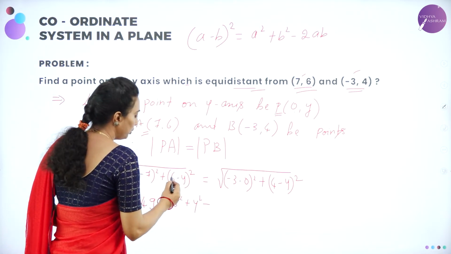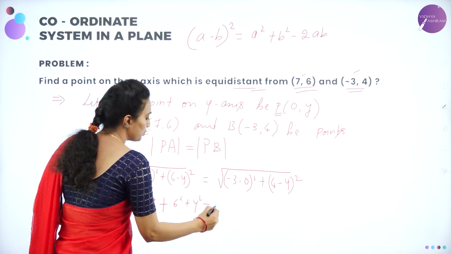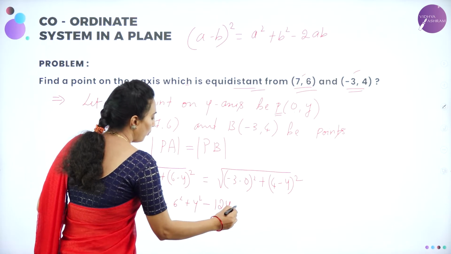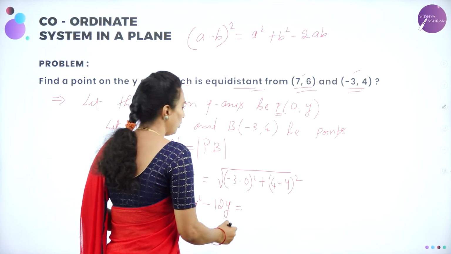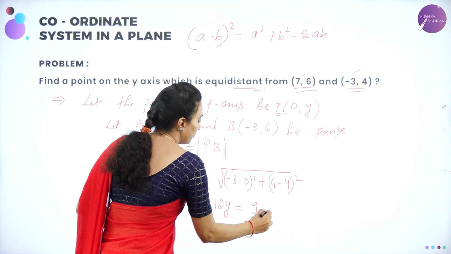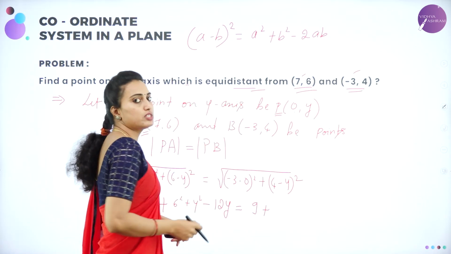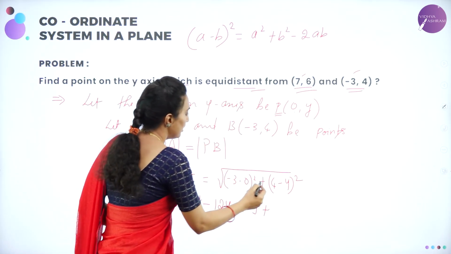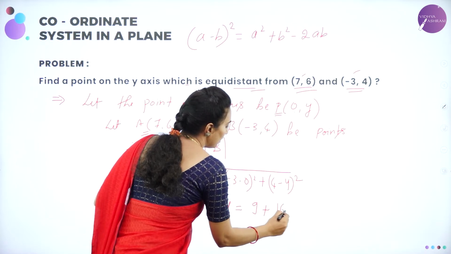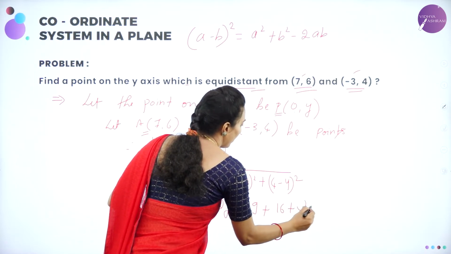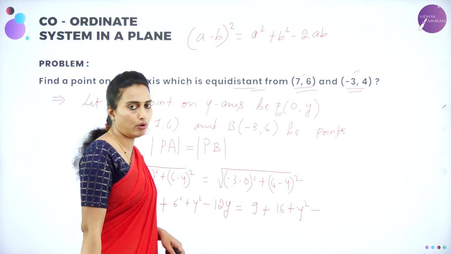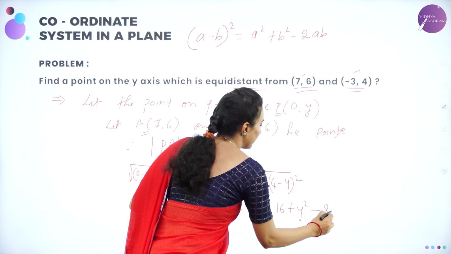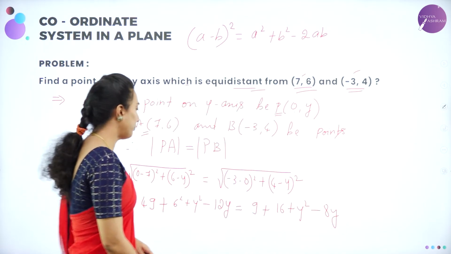So what it will become? 2 into 6 into y, which is 12y. It will be equal to, again, minus 3 whole squared is 9 plus, again this is the expansion of the same. What you are going to get is 4 squared, which is 16, plus y squared minus 2 into 4, which is 8, into y. Right?